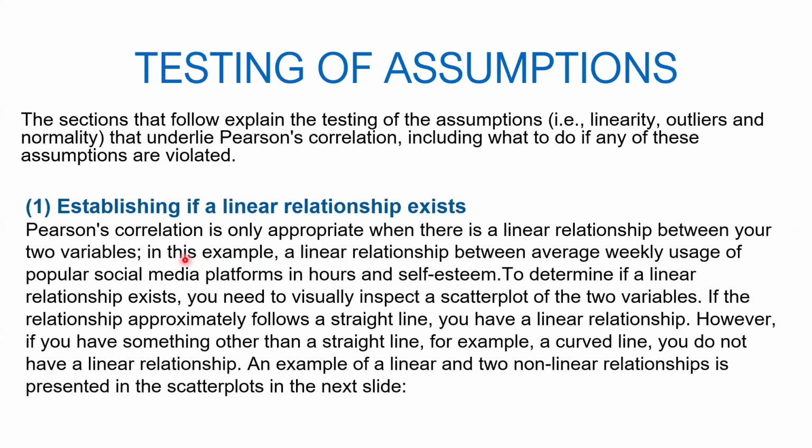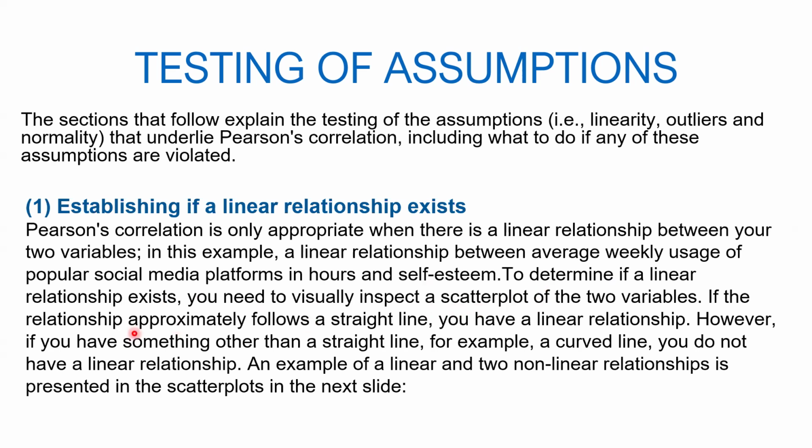Now, in this example, a linear relationship between average weekly usage of popular social media platforms in hours and self-esteem. To determine if a linear relationship exists, you need to visually inspect, and that is, we're going to come up with a scatter plot diagram of the two variables.